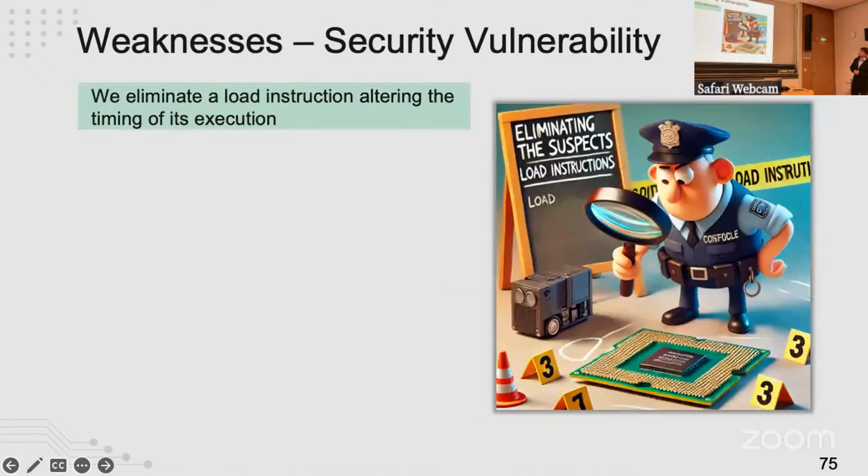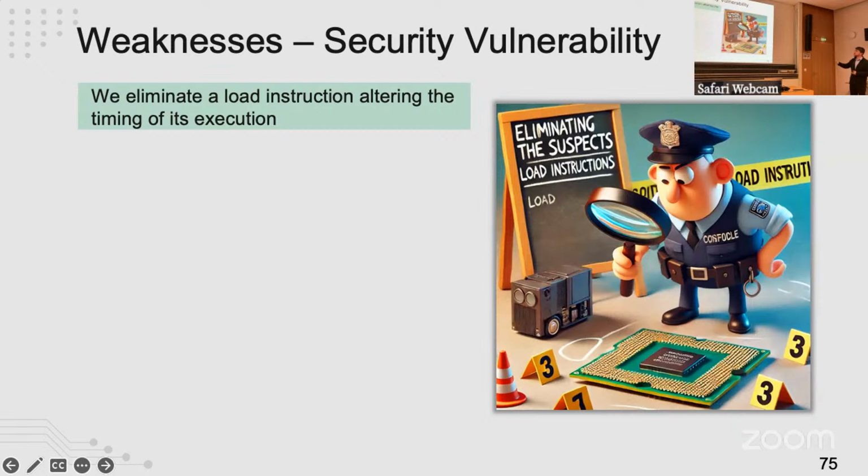For the weaknesses, the most important weakness that I was able to find in the paper is a security vulnerability. Because we eliminate a load instruction, we alter the timing of its execution and thus we gain performance.